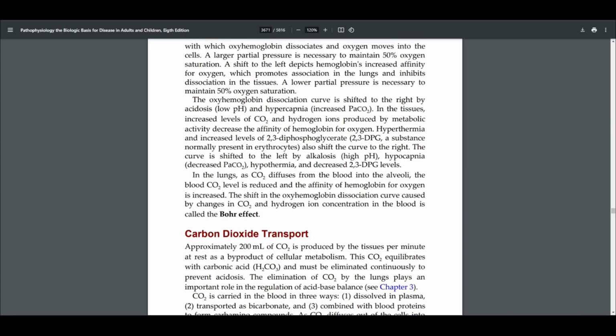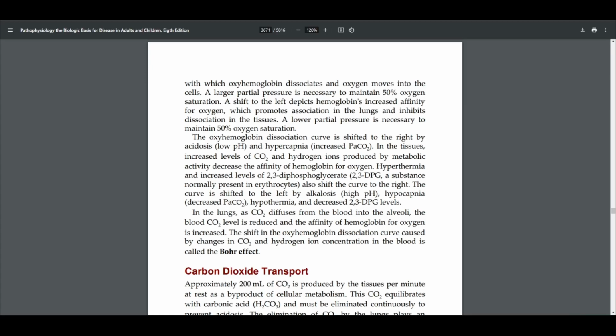So it's really important to note how your oxygen will transfer faster into your tissues if the patient has hyperthermia, increased levels of that 2,3-DPG, or is acidotic or hypercapnic.